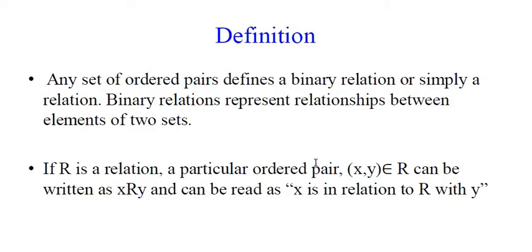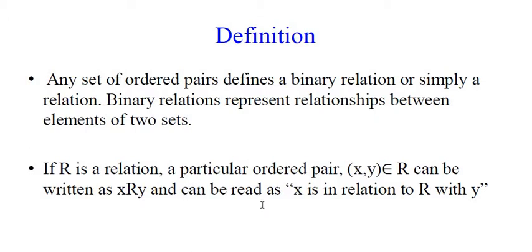Some of the definitions we'll consider. Already you know what is meant by a relation and how to represent it, but we'll revise once again. Now any set of ordered pairs defines a binary relation or simply a relation, right? A binary relation represents a relationship between elements of two sets.